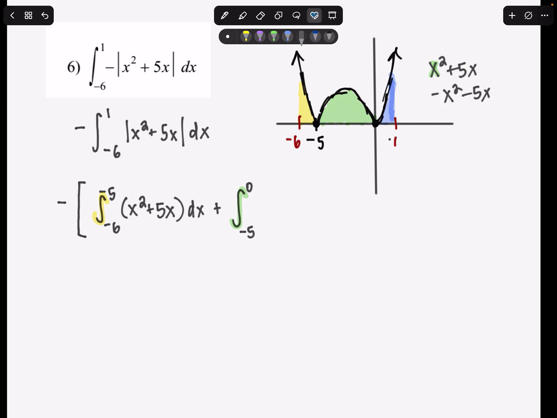So I've got -x squared minus 5x dx. And then we've got the last piece from 0 to 1. And that is the original x squared plus 5x.